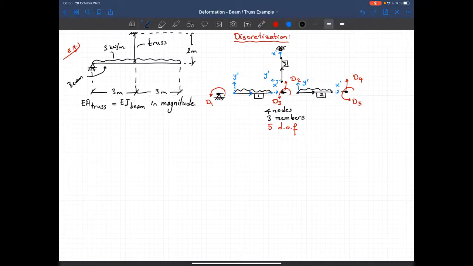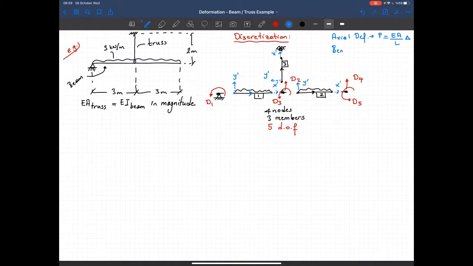And let's remember the governing equations. For axial deformation, we derived the following: the axial force on a member is equal to EA divided by L multiplied by the deformation.